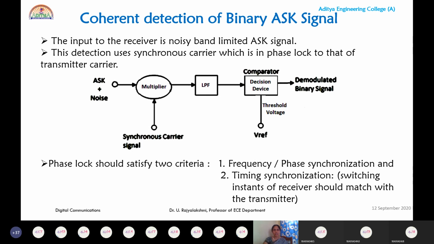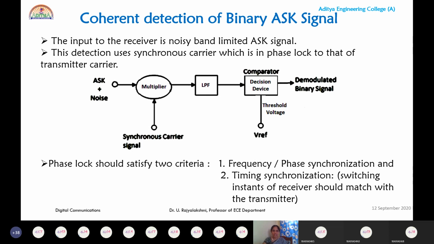Now let us go through the mathematical analysis. What is the input to the receiver section? The band limited ASK signal. What is the general expression for ASK in terms of amplitude of carrier?